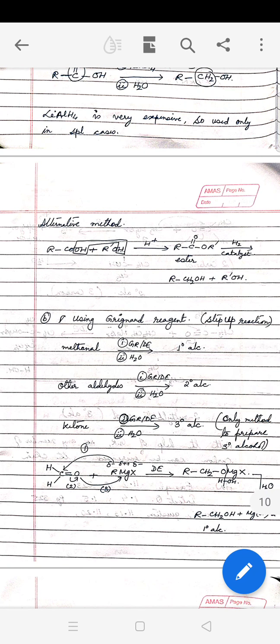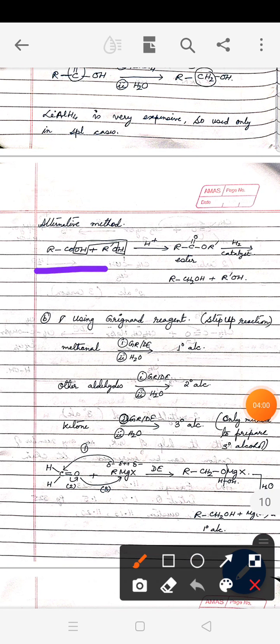Alternatively, you can convert the carboxylic acid to ester by treating with alcohol. You can see here the general formula of carboxylic acid I have written is RCOOH and that of alcohol I have written as R'-OH. The R and R' groups may be the same or they may be different.